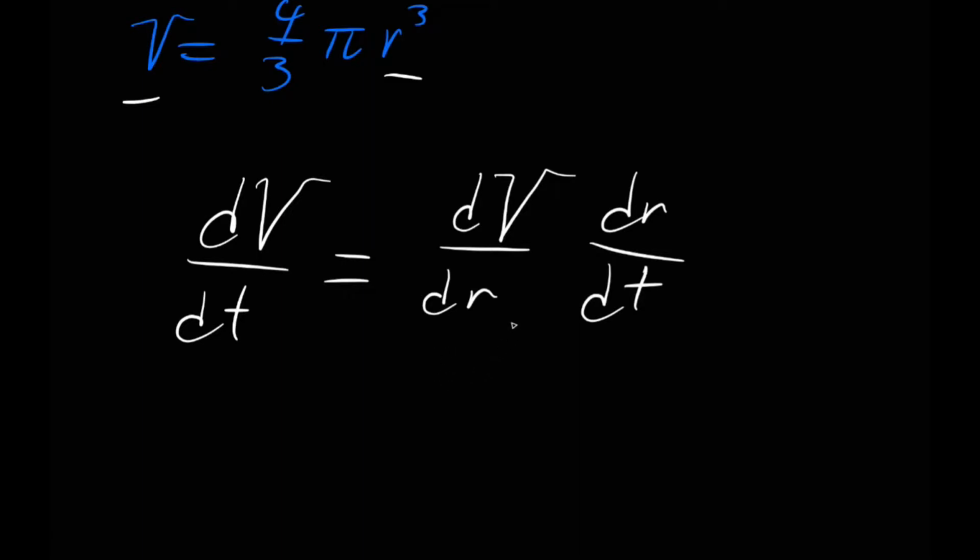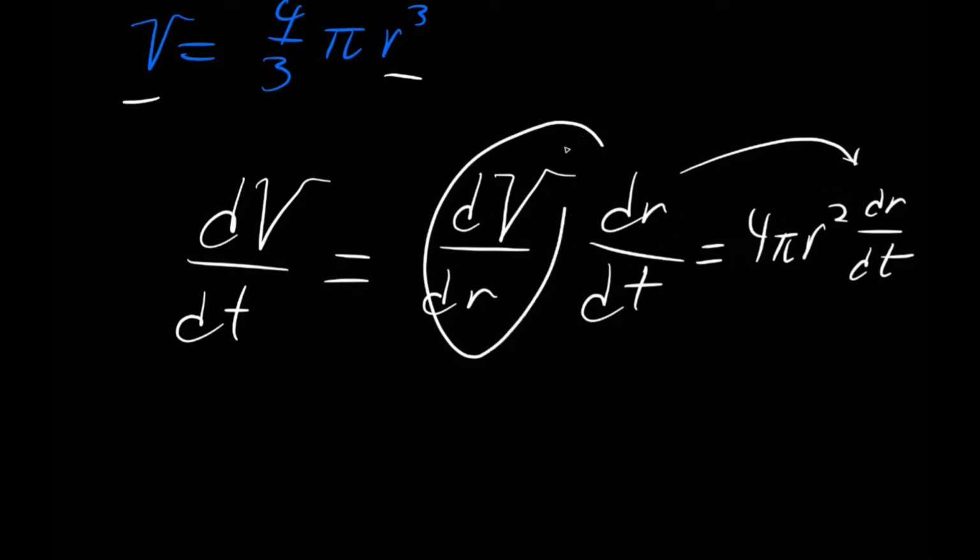Well, if we use the chain rule and we look at everything right here, we would end up with this. However, we can also relate dv dr as 4 pi r squared, and this dr dt just kind of came over, and then this is represented with that.